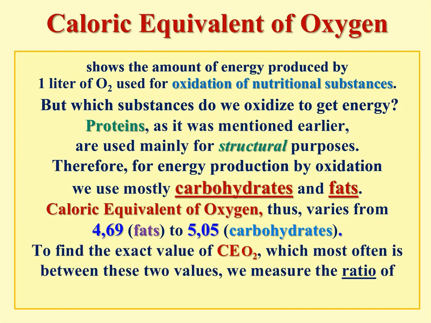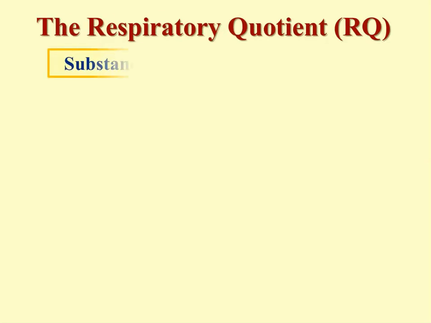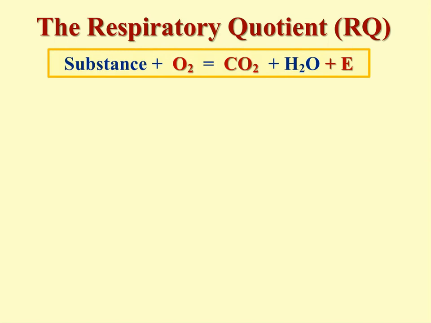To find the exact value of caloric equivalent of oxygen, we measure the ratio of CO2 produced and oxygen consumed during metabolism. So we can come back to the reaction. Substance plus oxygen, and oxidation of the substance produces end products: carbon dioxide, H2O, water, and energy. The ratio of the oxygen amount used and CO2 amount produced is different for each substance.